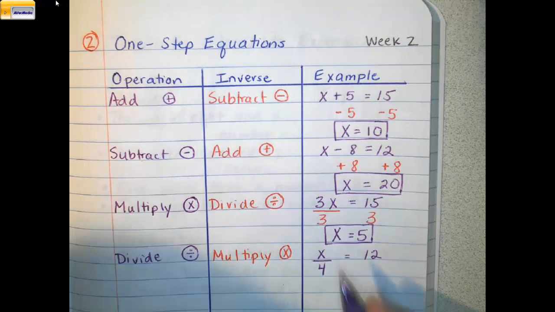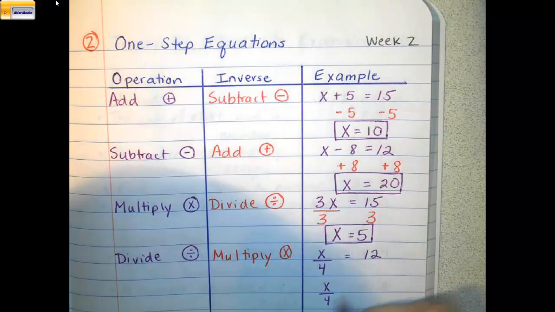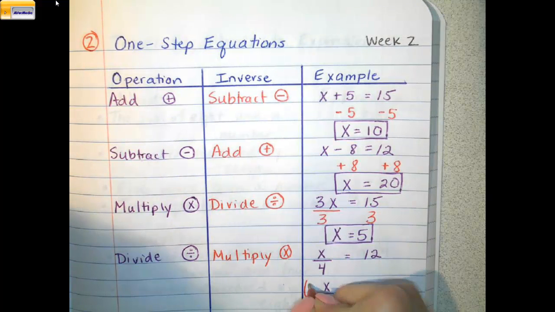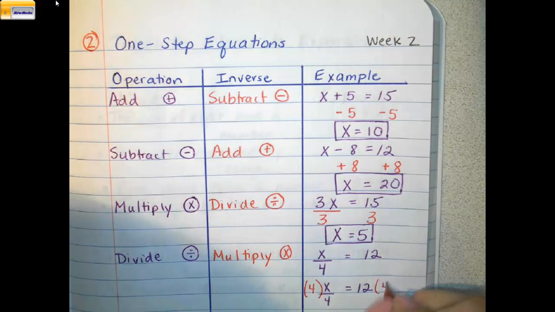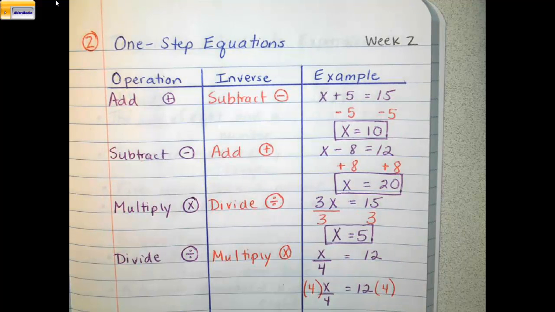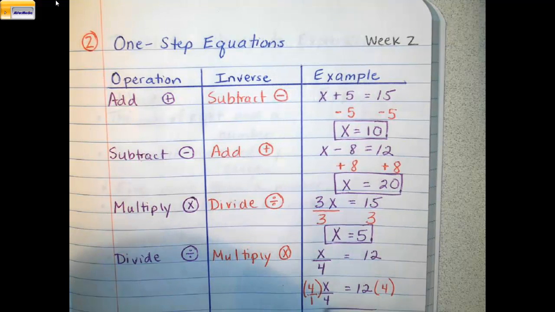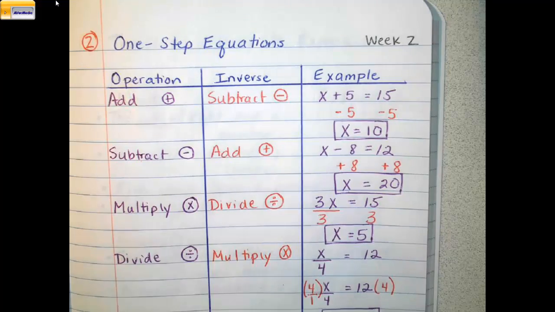This means I start with x divided by 4 equals 12, and I multiply both sides by 4. You can think of 4 as 4 over 1. So these 4's cancel, and I'm left with 1x equals 12 times 4, which is 48. And that would be my solution.